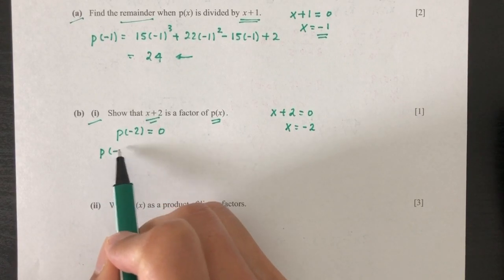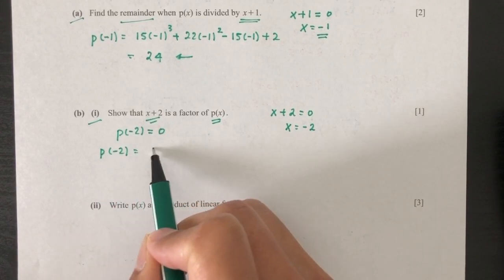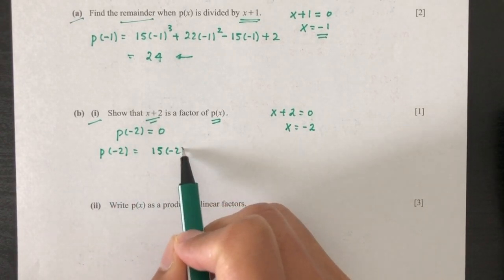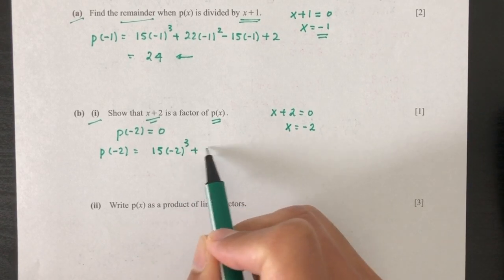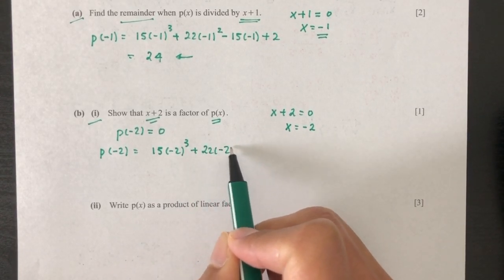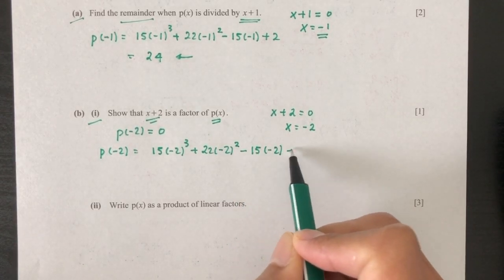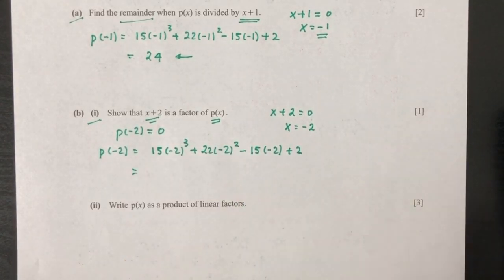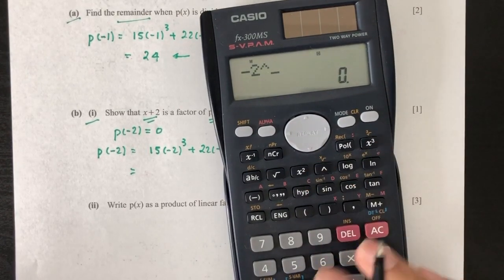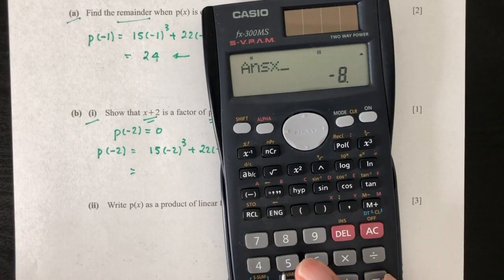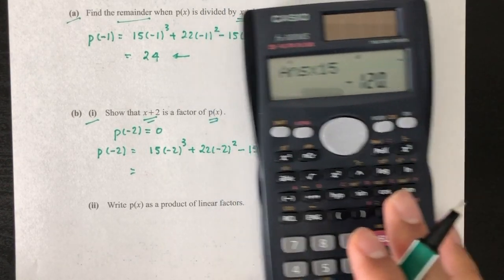So let's try this. So p of minus 2 is equal to 15 times minus 2 to the power 3 plus 22 times minus 2 to the power 2 minus 15 times minus 2 plus 2. So what is minus 2 to the power 3? That will be minus 8 times 15. That will be minus 120.